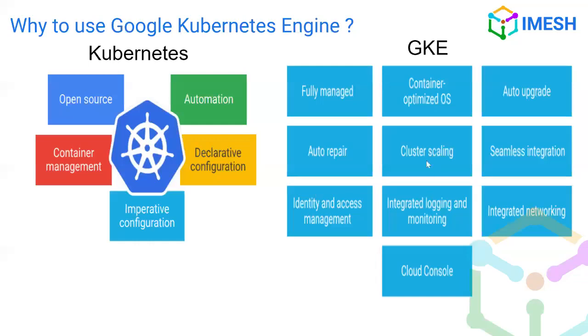There are a few features in GKE. It is fully managed, which means we don't have to provision the underlying resources. It has a container optimized operating system to run our workloads. These operating systems are maintained by Google and are optimized to scale quickly with a minimal resource footprint.